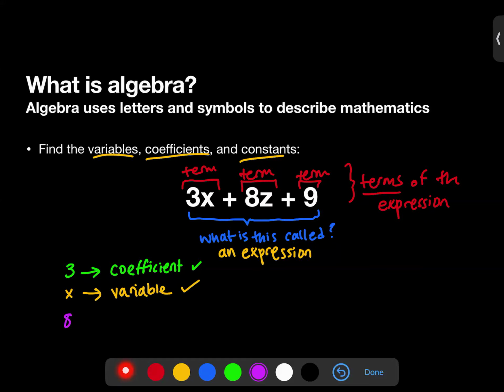And 8 is called what? Z is what? Variable. And lastly, 9 is called what? So 9 is what?